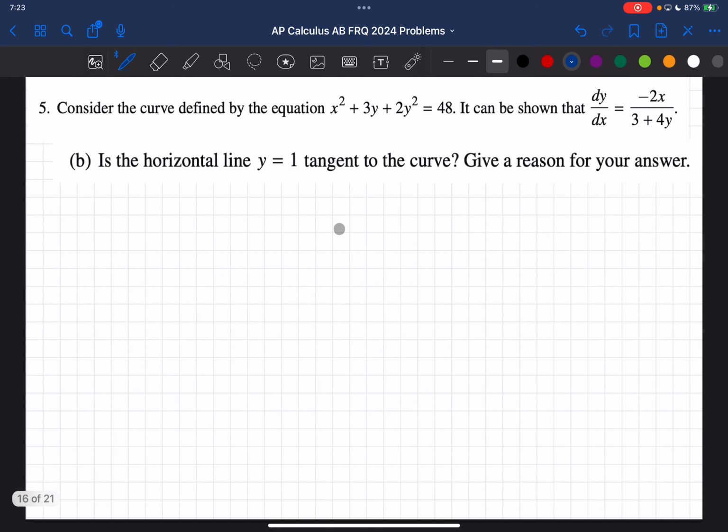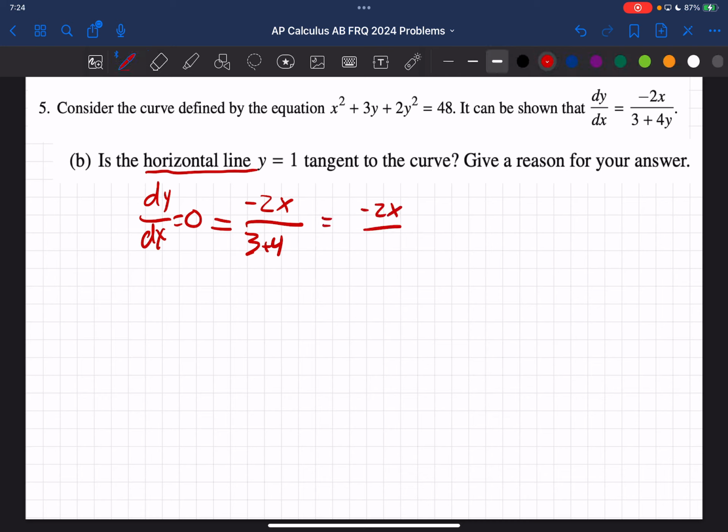Part B says, is the horizontal line y equals 1 tangent to the curve? We want to give a reason. So, horizontal line, that means we have dy dx equals 0. With that in mind, we're going to plug in 1 for y, so 3 plus 4, which gives us negative 2x over 7. So now 0 equals negative 2x, so that means 0 equals our x value.